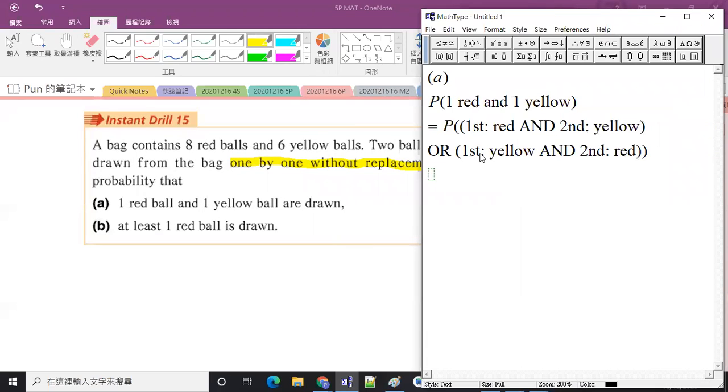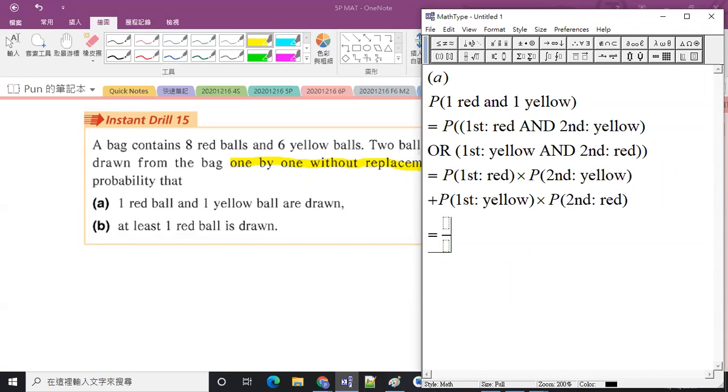2 cases. And then for the first case, let us just split them into parts. The first one is red, and then times the second one is yellow, and then plus P, the first one is yellow times P, the second one is red. Okay, and then we know that it is fraction times fraction plus fraction times fraction.